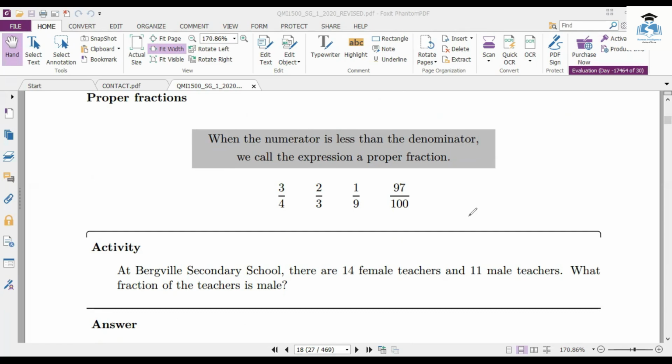First, we must add the male and the female, which is 14 plus 11, which gives us 25. Then they say what fraction of the teachers is male? 11 over 25. Yeah, that's it.